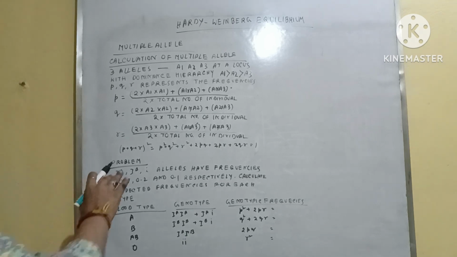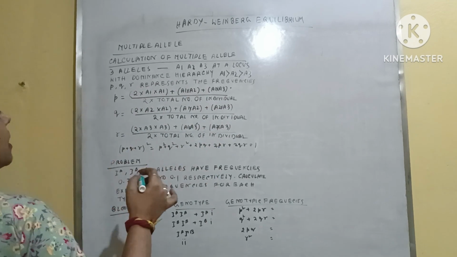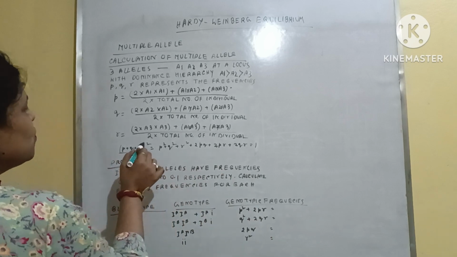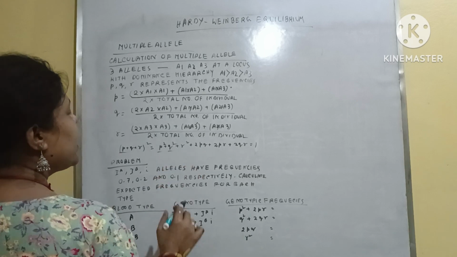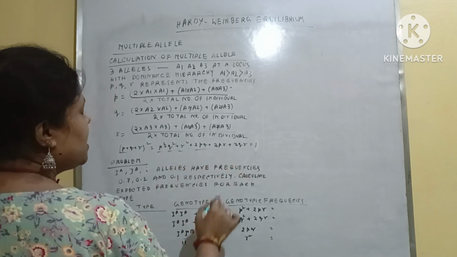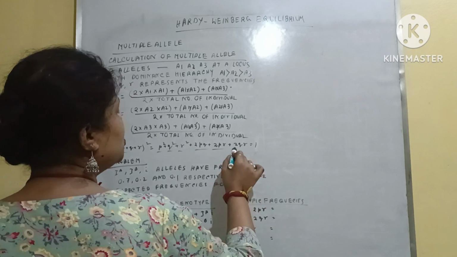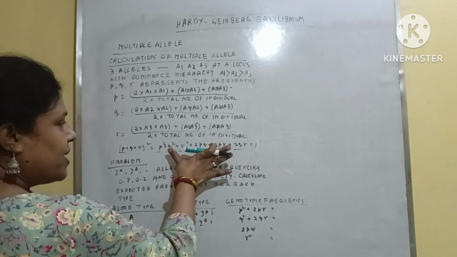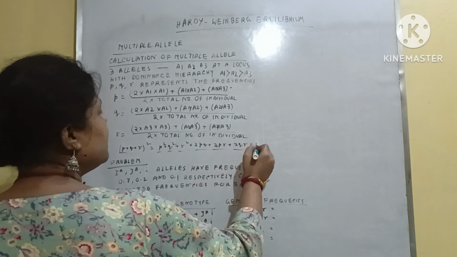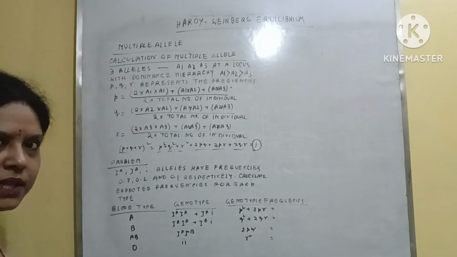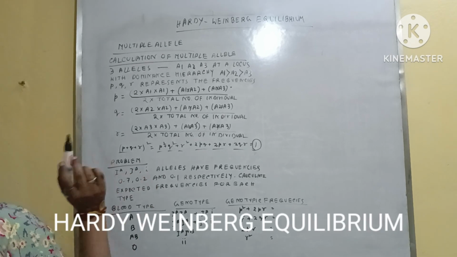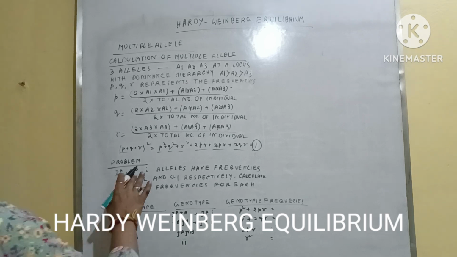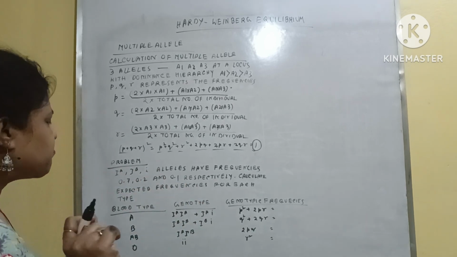So after calculating this way, we get that (p plus q plus r) whole square equals p square plus q square plus r square plus 2pq plus 2pr plus 2qr, and the value after calculating this will obviously be 1. Clear? So here the example I have taken is the human blood group IA, IB and i, that is O. Clear? Not small i, you can say O.